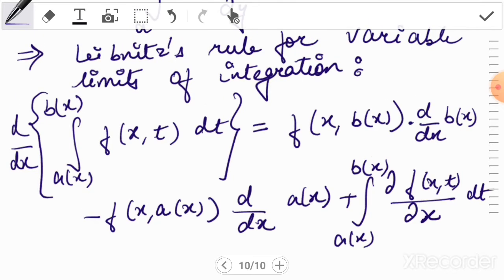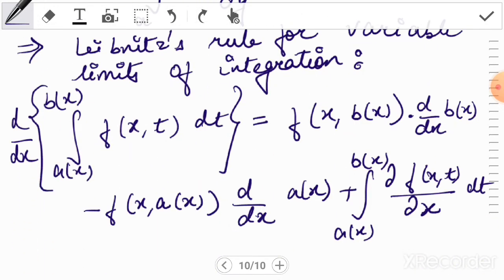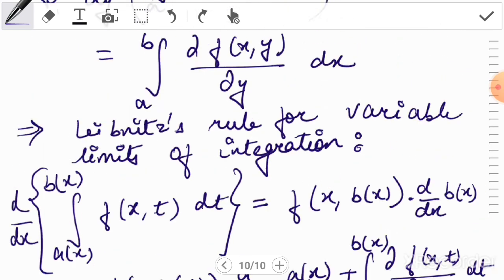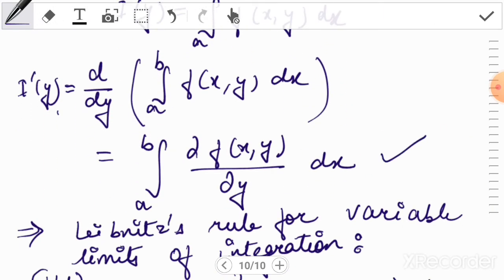And in the special case that we discussed earlier, this can be derived from this when a(x) and b(x) are constants with values that do not depend on x, then this simplifies to this.